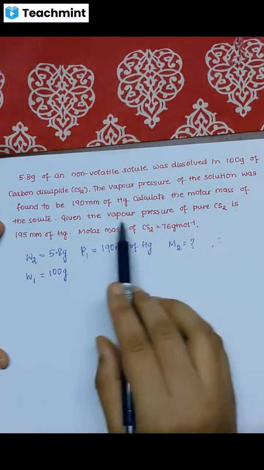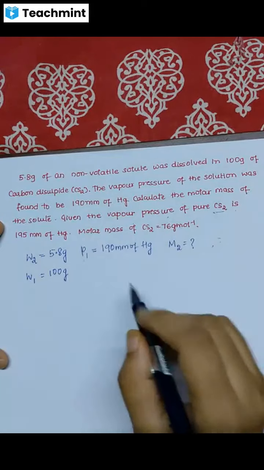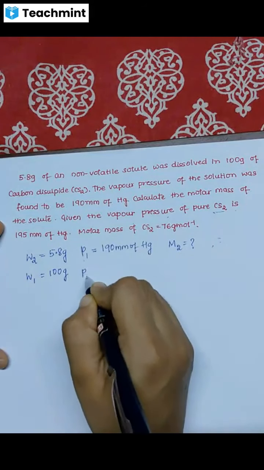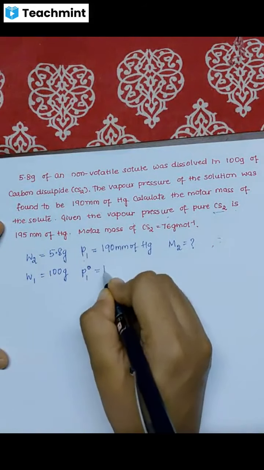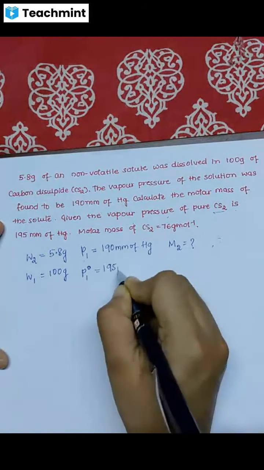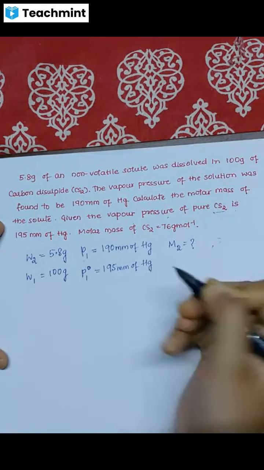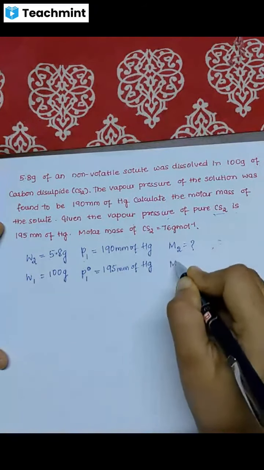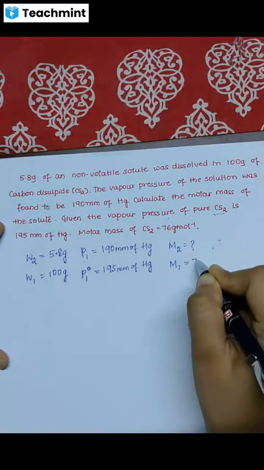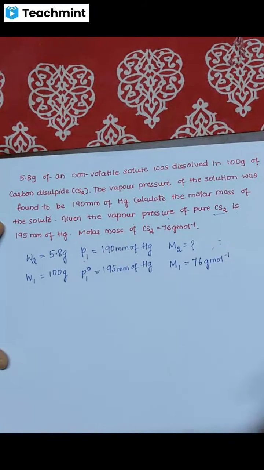Then given the vapor pressure of pure carbon disulfide, whenever they mention pure, it becomes P1 naught. So P1 naught is equal to 195 mm of Hg. Then the molar mass of carbon disulfide is given, and that is our solvent. So M1 equals 76 gram per mole.